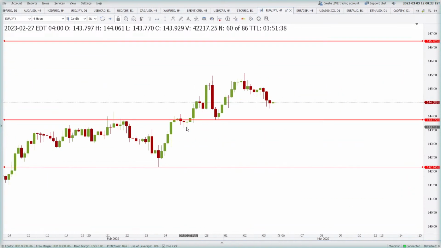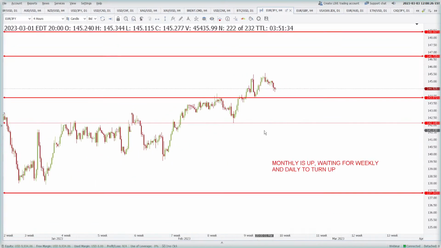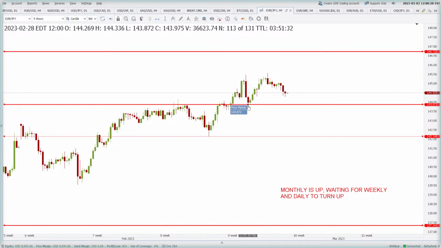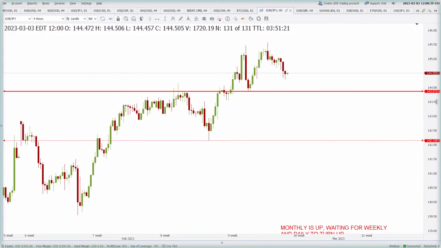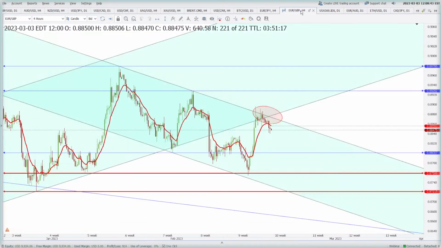See, on the 4 hour it is a good level. So these two levels are worth watching now. This is even a reaction low before making this higher high. If 143.87 is taken down by the Euro JPY, then I think 142.14 will be exposed in this market. Right now 143.87 is the support, 146.72 is the resistance in the Euro JPY.